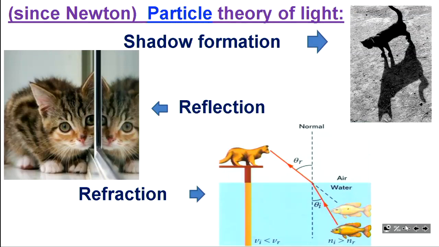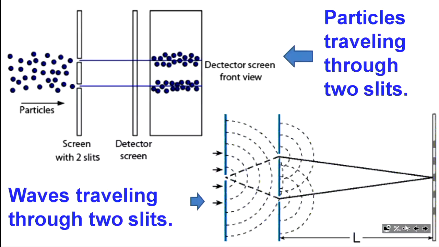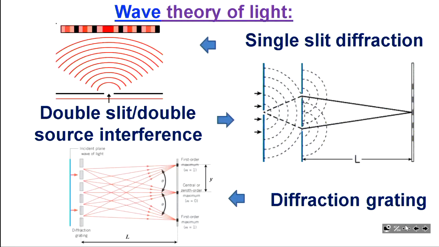The original particle theory, which worked well for reflection and refraction, was absorbed by the next theory, the wave theory of light, because particles can't do that. Particles can't interfere, can't diffract. So naturally, light is a wave because light can interfere, can diffract.